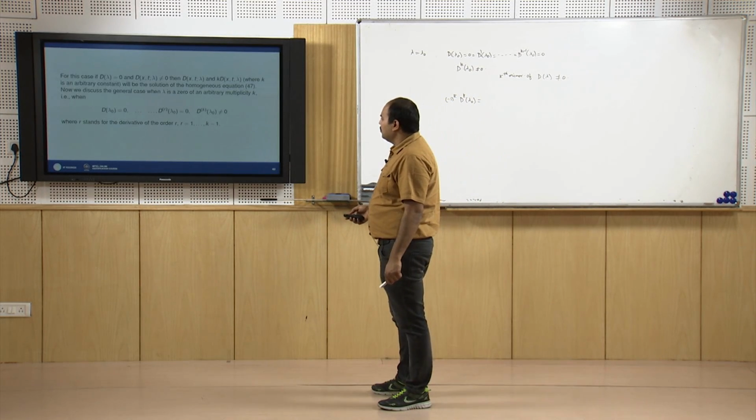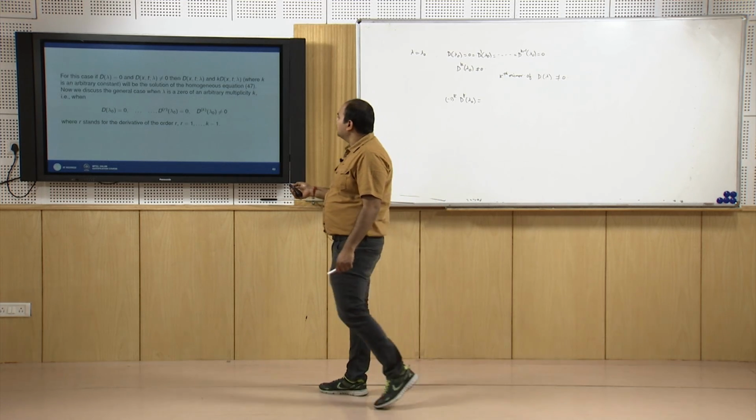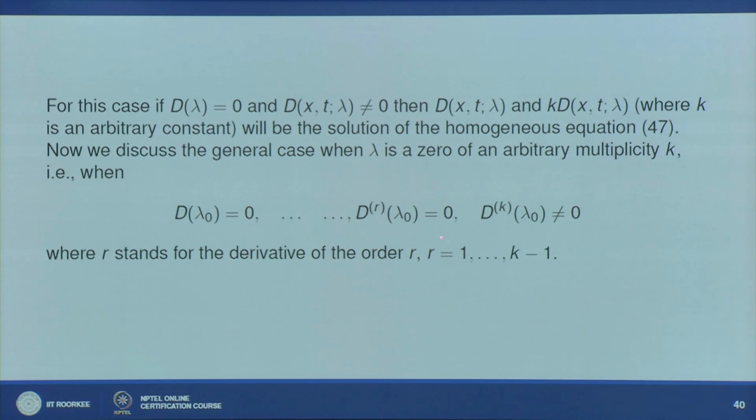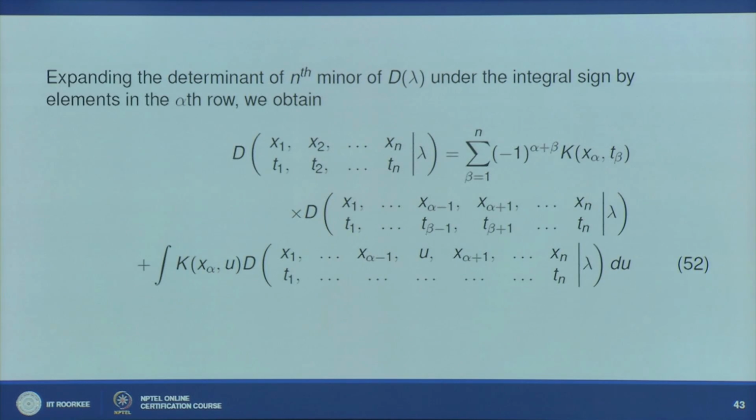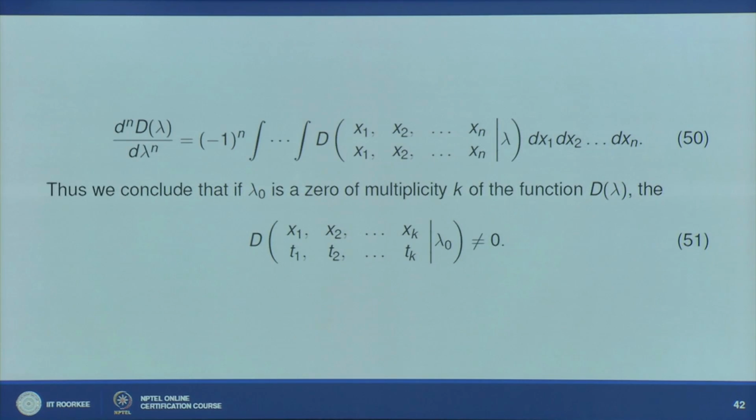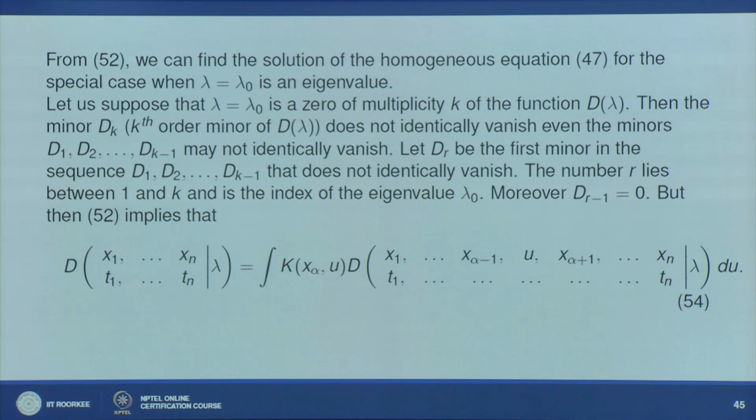So what we try to do here is find the value of r. Here we already know that lambda equal to lambda naught is a zero of multiplicity k of the function D(lambda), then the minor D_k does not identically vanish, but even D_1 to D_(k-1) may not identically vanish.